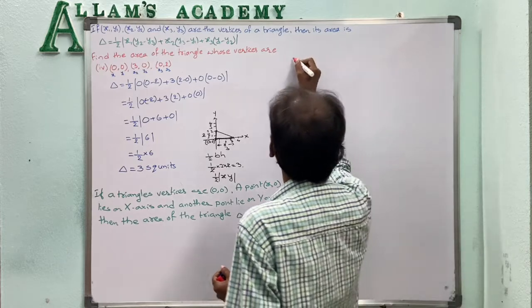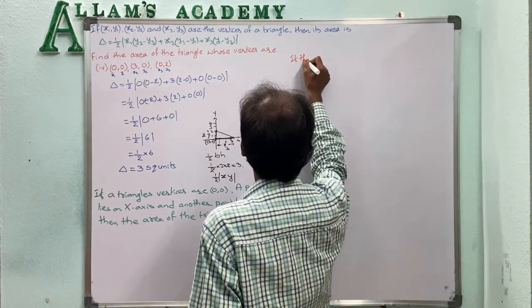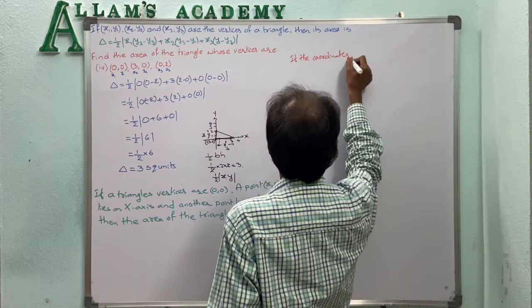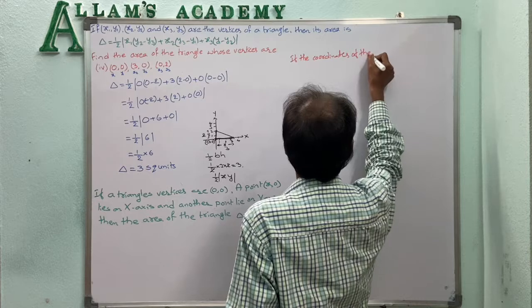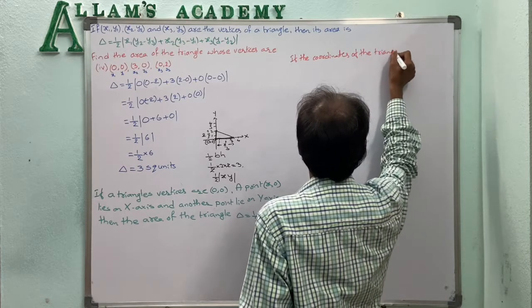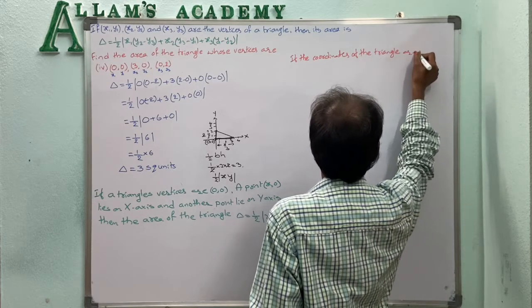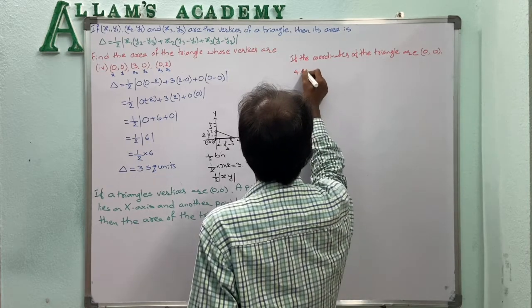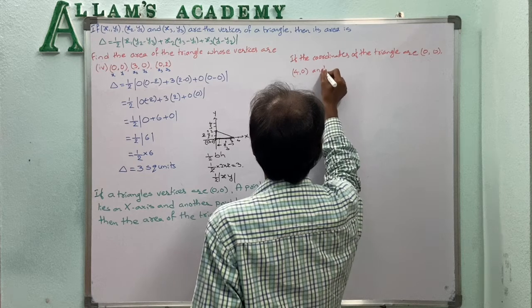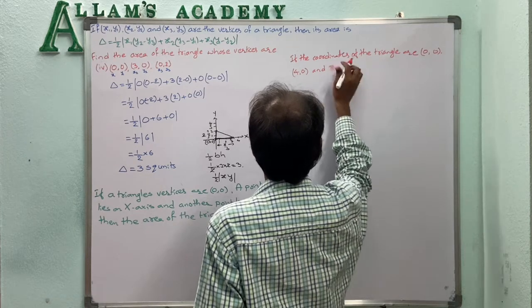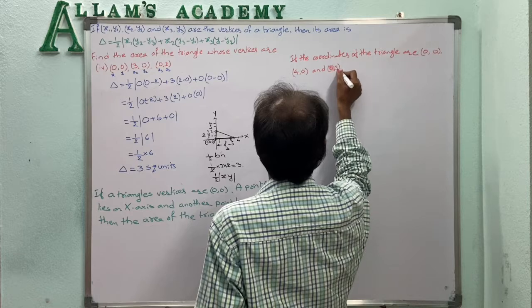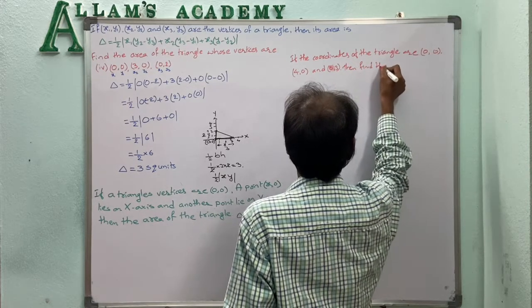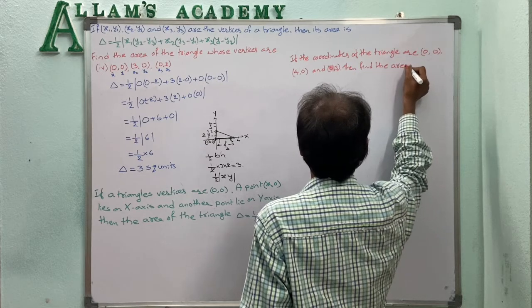So if the coordinates of the triangle are (0, 0), (4, 0) and (0, 3), then find the area of the triangle.